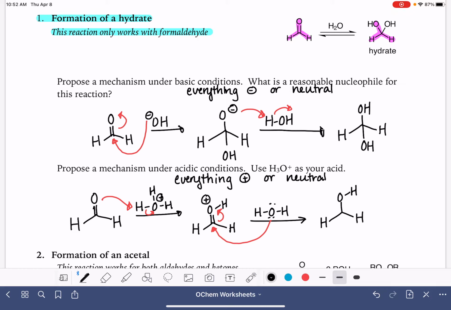That's going to give us this guy right here. And then we are simply going to deprotonate using the oxygen of another water molecule. And this will give us the hydrate. And again, this reaction only works with formaldehyde, no other aldehydes, and no ketones at all.